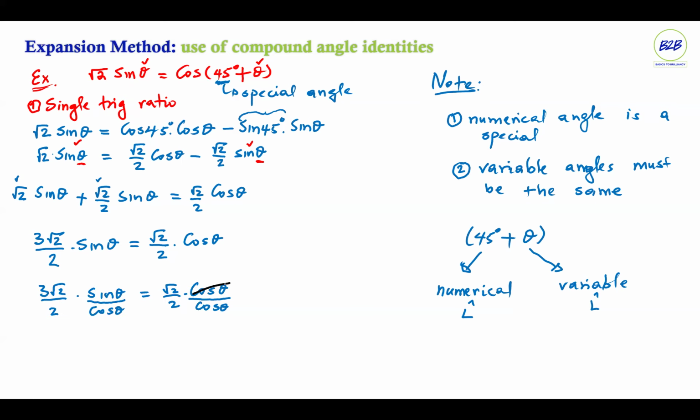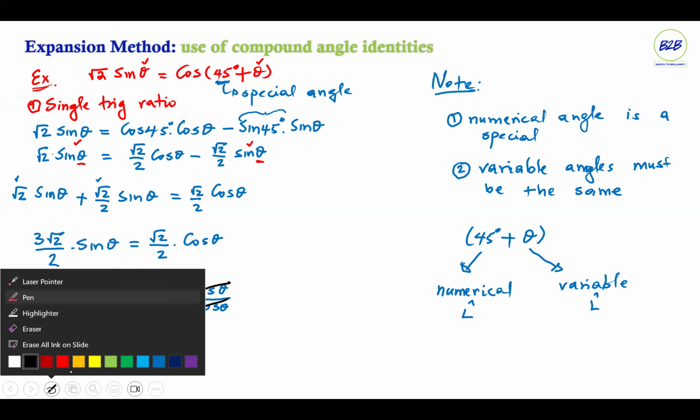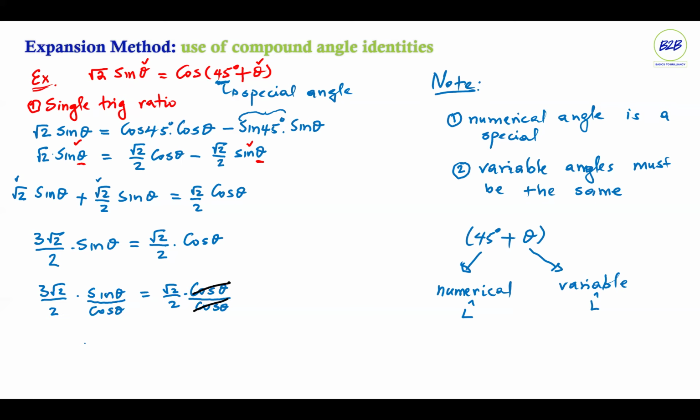On the right-hand side, cos and cos will cancel one another. And then we will have 3 root 2 over 2 sine over cos, that is tan theta, all of that equal to root 2 over 2.